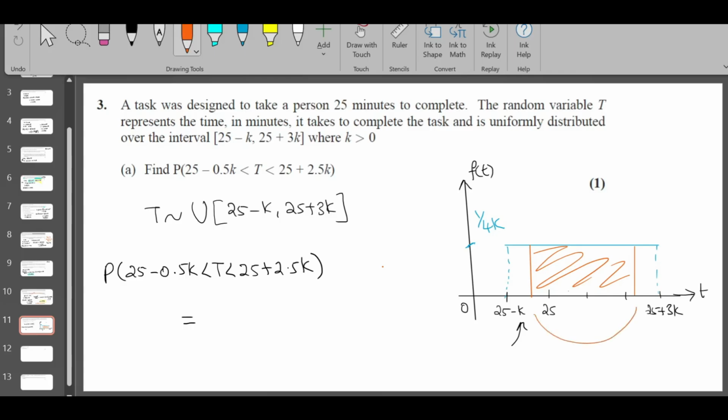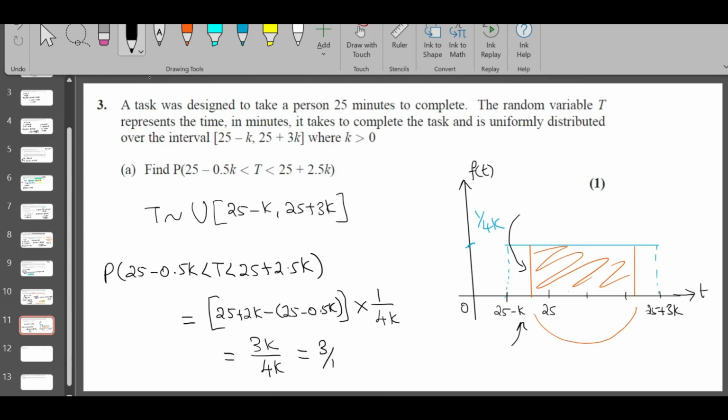So the length between these two is 25 plus 2k minus 25 minus 0.5k. That's the length, and the breadth of the rectangle is 1 over 4k. So 25 will be cancelled. You'll get 3k over 4k, which is just 3 over 4. That's all. Just a 1 mark question.